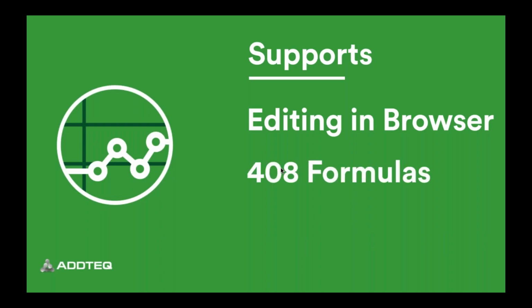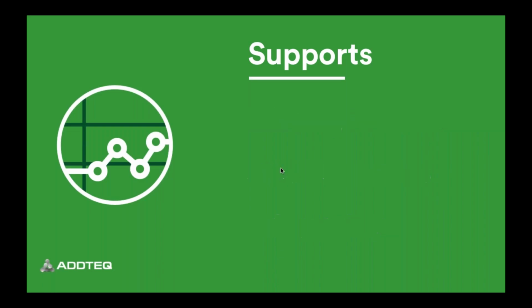It supports over 408 formulas. And it integrates with all the different spreadsheet software available out there, be it Microsoft Excel, Google Spreadsheet, Quip, and any other spreadsheet software which can give you a file which can be imported into Excellentable.